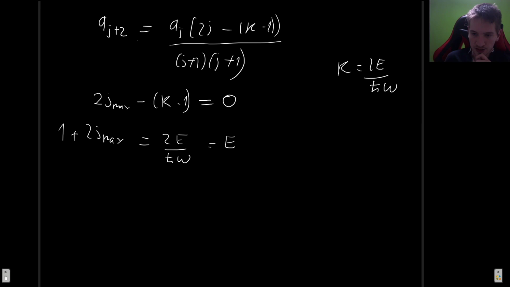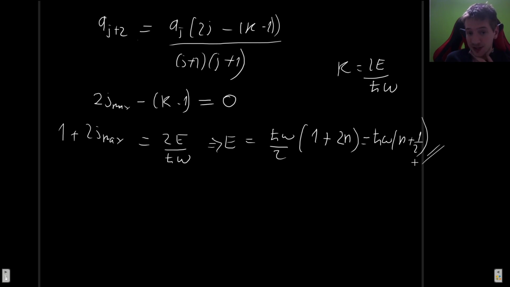So the energy is going to be equal to h bar omega divided by 2 times 1 plus 2 times this j amount, this maximum amount, which we might just call n at this point, since it is not just any j, it is a very special j, so let's call it n. So now when we multiply this, we see that our result is just h bar omega times n plus 1/2. And we have now gotten back the result of the allowed energies that we found using the ladder operator.